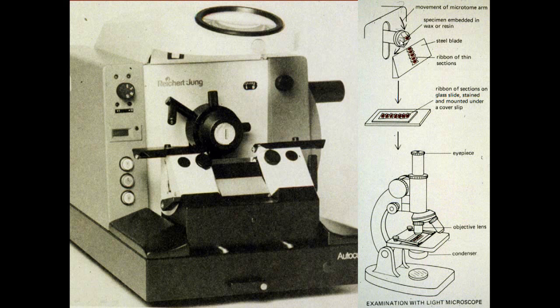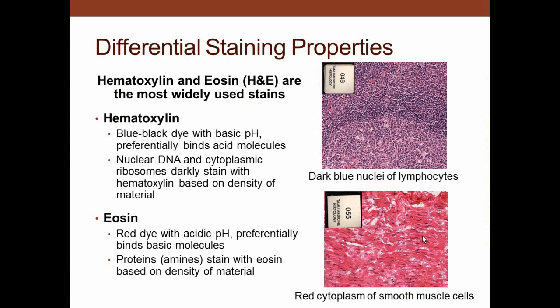Once the tissue is inside the block, the paraffin block or the plastic block, then you make sections. So this microtome is going to come down. As it comes down, it's going to cut sections, and then it advances 1 to 10 micrometers each time, and so that's the thickness of each of these sections. You take these sections, mount them on a slide, and then stain them, and then observe them with your microscope.